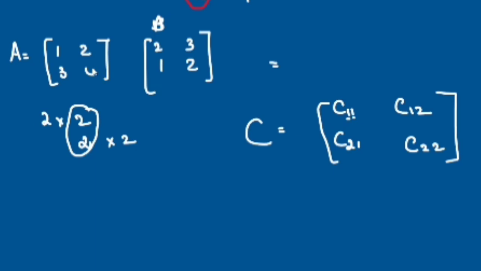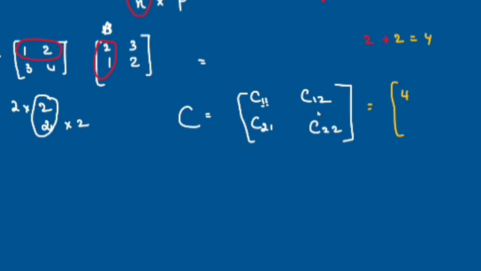So you multiply the corresponding elements. 1 into 2, 2, plus 2 into 1, 2, that is equal to 4. So the first element is 4.